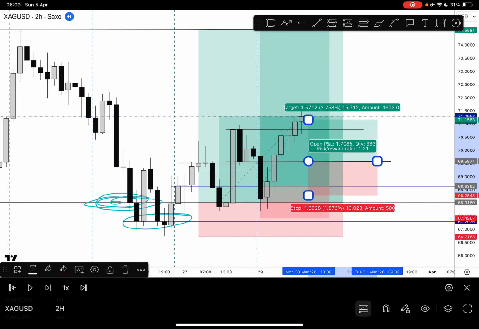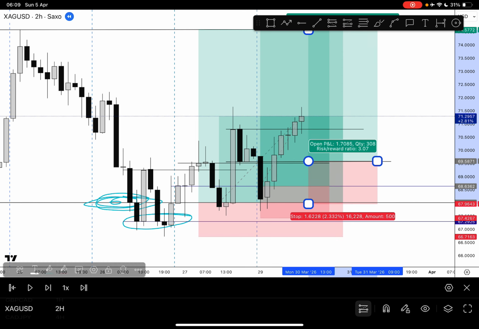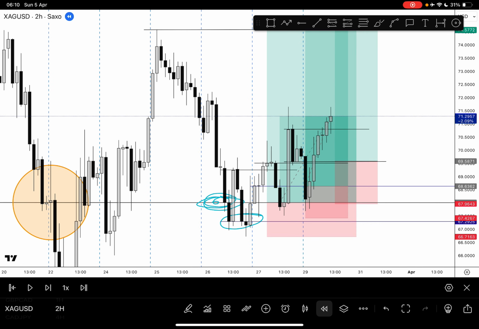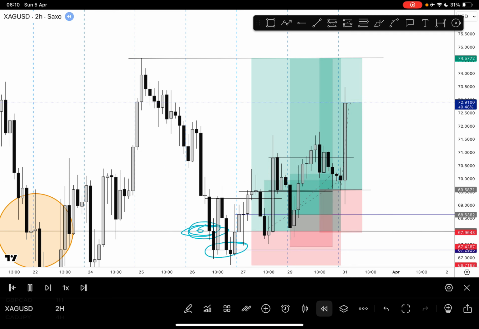Keep your stop loss here. Same target, guys. Let's target 3R for this one. 3R, okay. Right, we play. Triggered and profit.